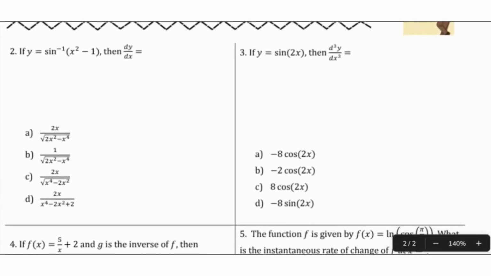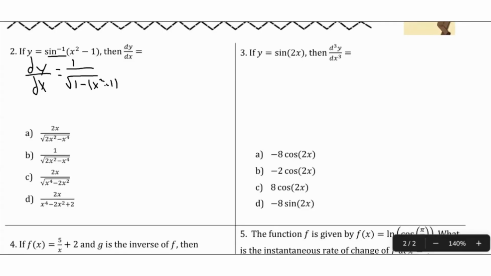If y equals arcsine of (x squared minus 1), then dy/dx equals what? So first we need to do chain rule. We have to take the derivative of the outer function, arcsine. The derivative of arcsine is 1 over the square root of 1 minus (x squared minus 1) squared.